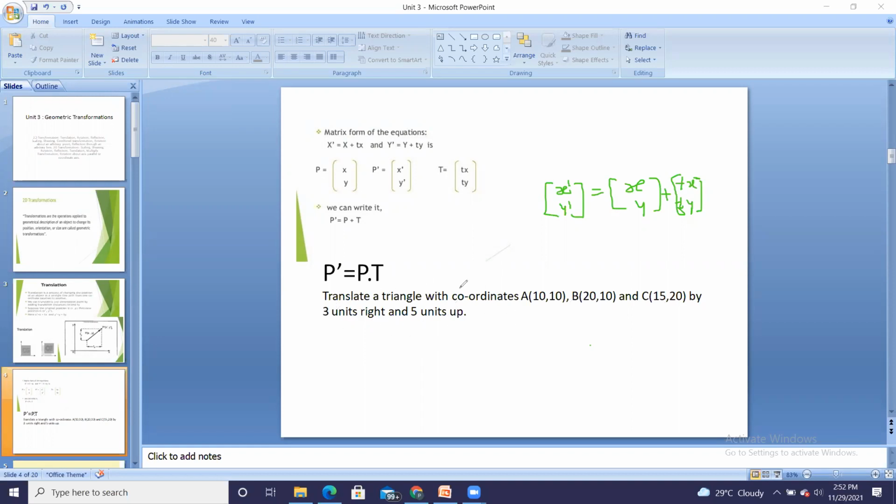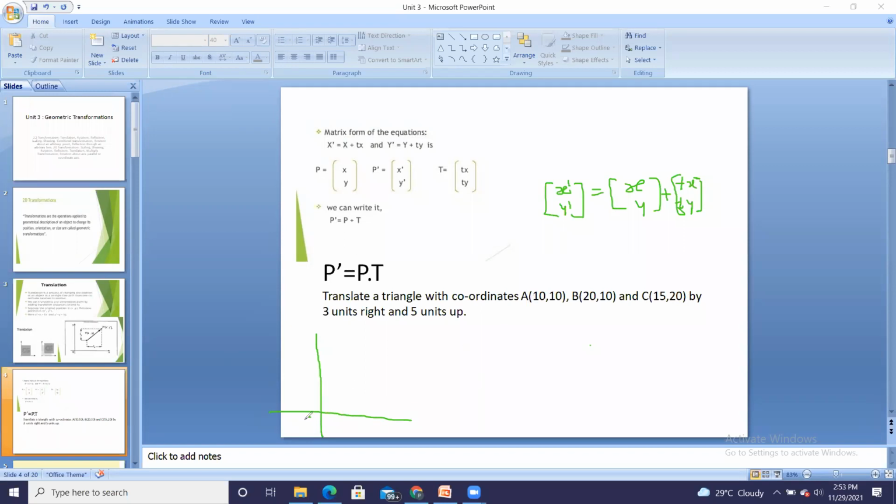I want to translate a triangle with coordinates A, B, C. Here A is considered as one point, B is the other vertex of the triangle, and C is the third vertex. And then on these three vertices, I will perform the translation by using this formula. So what will happen now? I will show you the practical output, that is how it works.